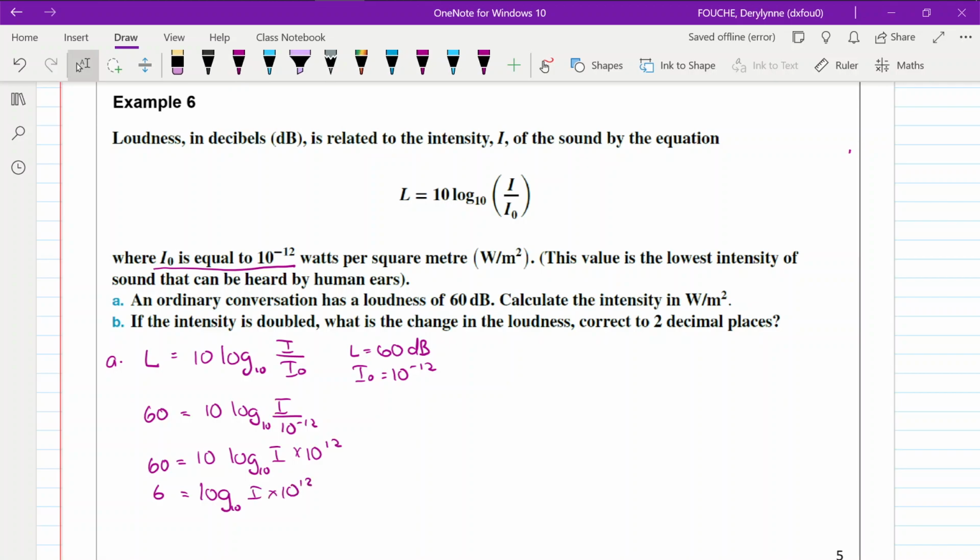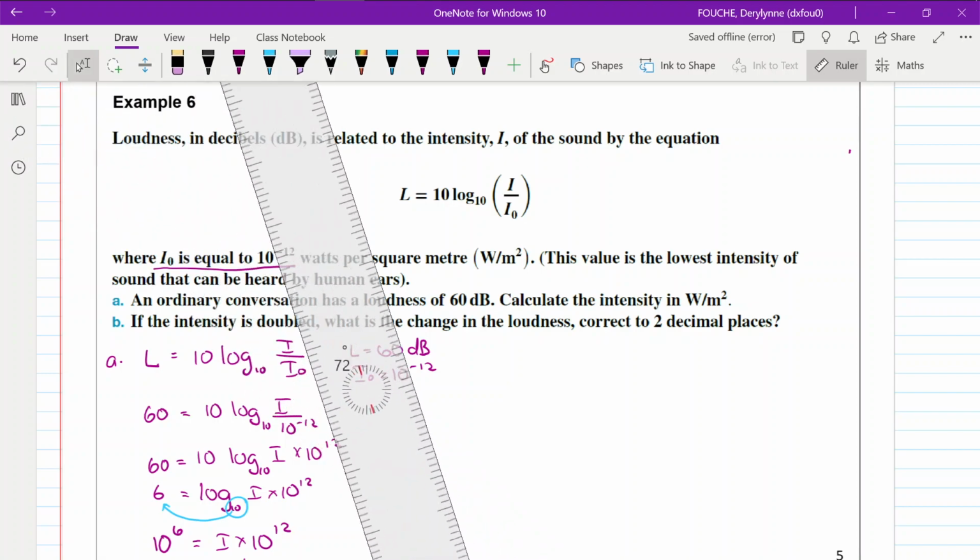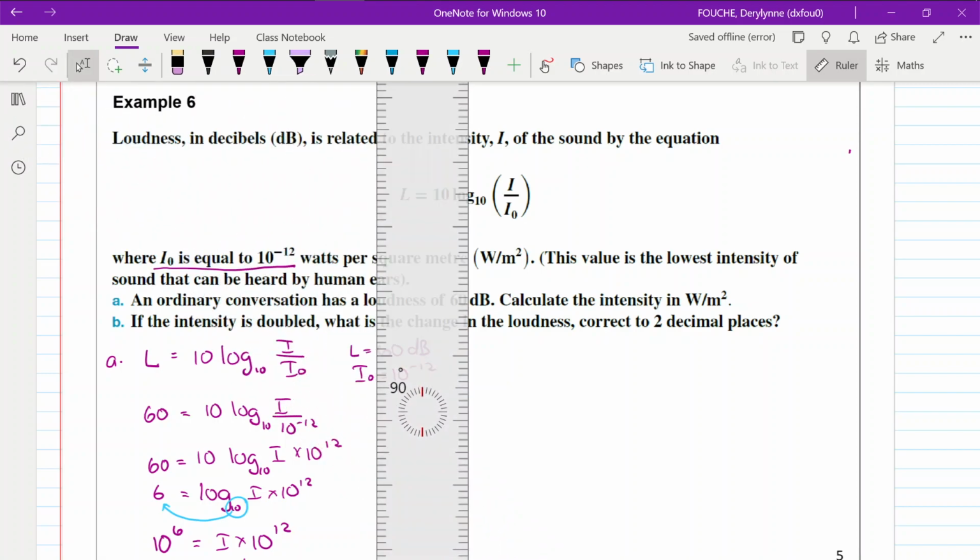And now remembering that you can rearrange a log equation into exponential form by saying my base becomes that one's base, so 10 to the power of 6 will be I times 10 to the 12. And that means then that I will be 10 to the 6 divided by 10 to the 12, which will be 10 to the negative 6 watts per square meter. Okay, let's have a look at B.